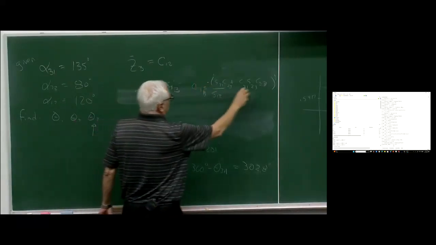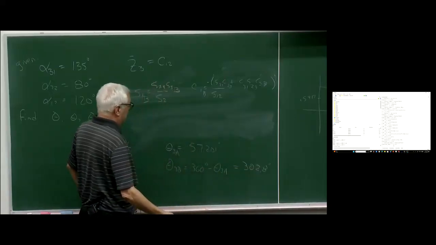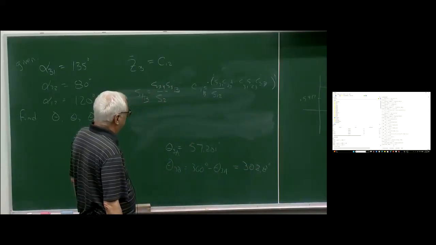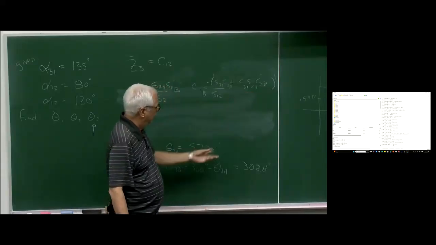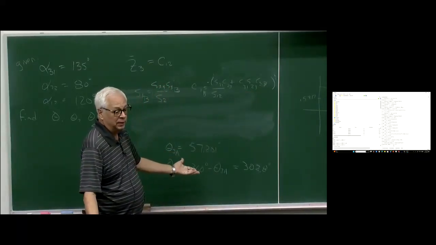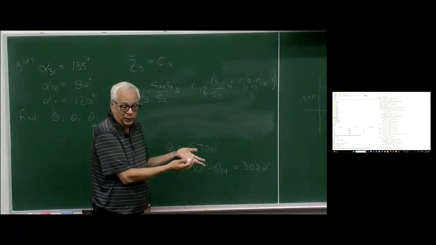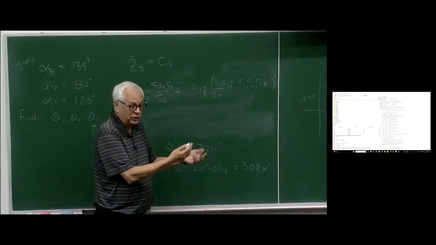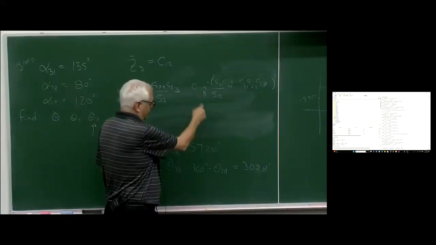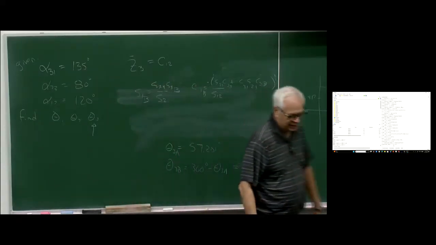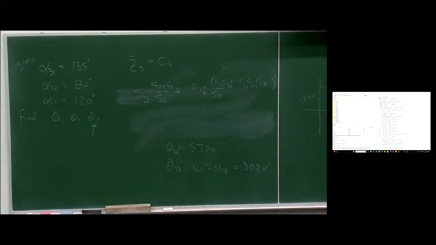I'm trying to save some math mistakes, but the cosine for the A and the B case are going to be the same. Because remember, the first equation we had was we went for theta 3 and we got cosine 3, and all we knew was cosine. So the B case is going to be the same as the A case, and I'm trying to save a little bit of typing.